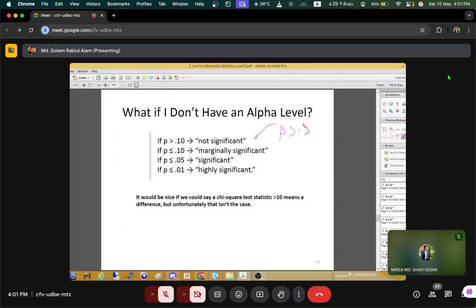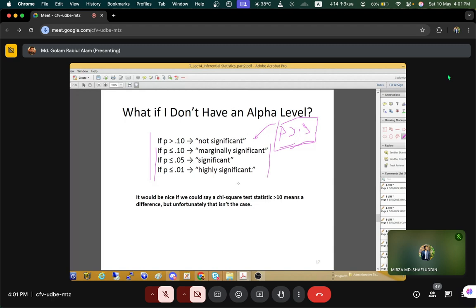Less than 0.1, less than 0.05 and less than 0.01 are the significant levels: marginally significant, significant, and highly significant. But in our case, it is not significant.